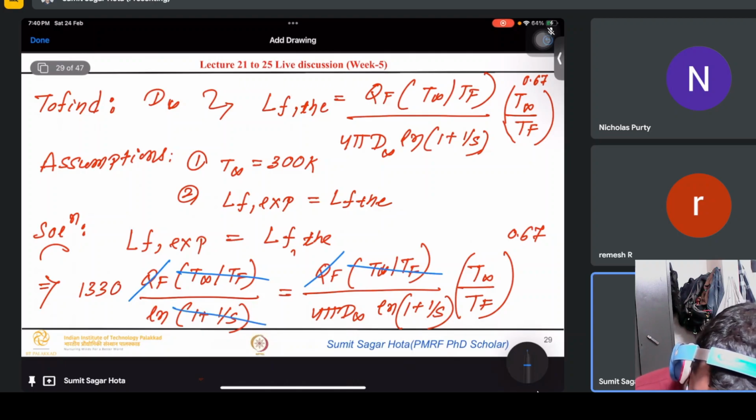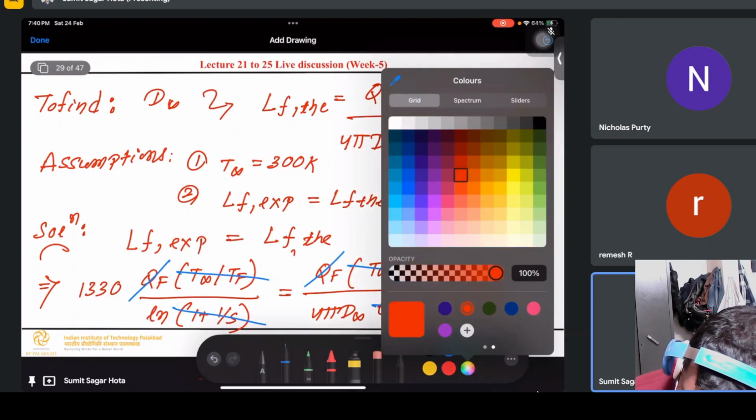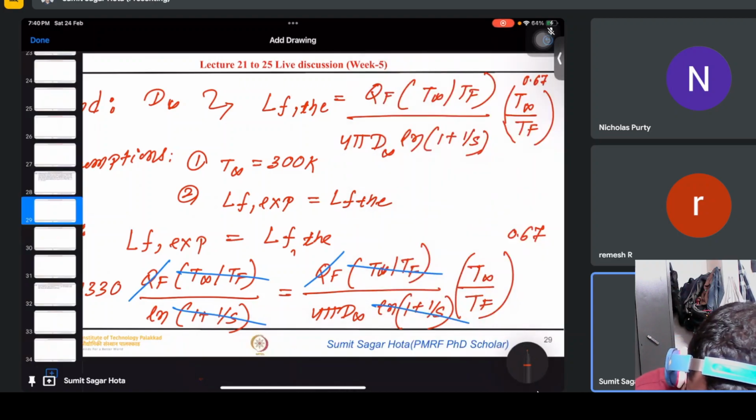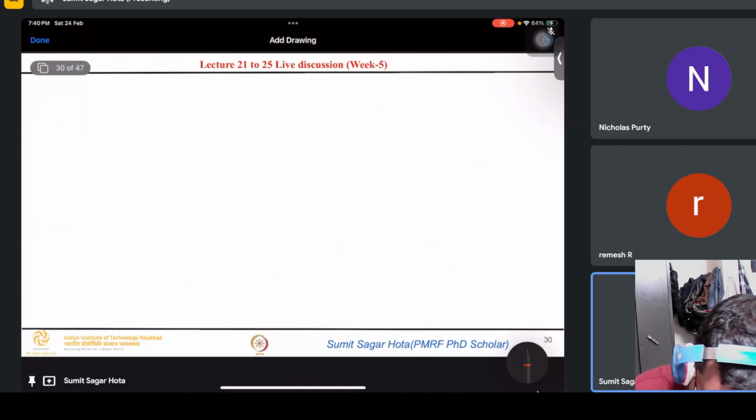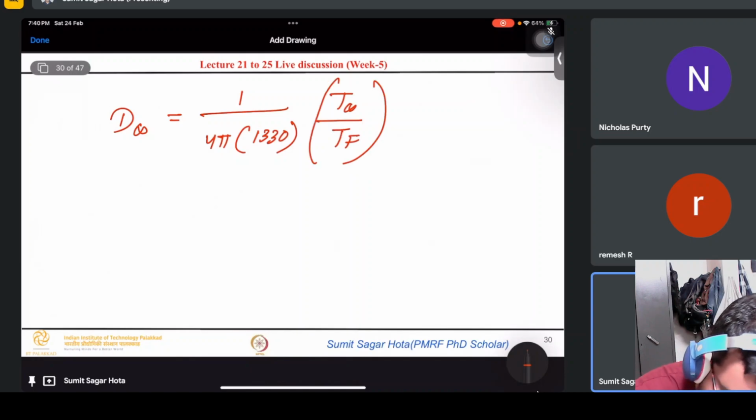ln 1 by S, ln 1 by S. If you find out T infinity by 4 pi 1330 T infinity by TF power 0.67.